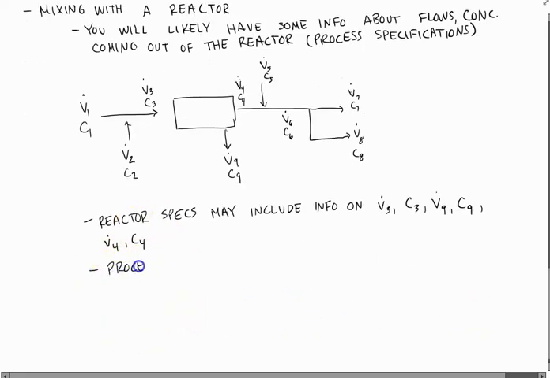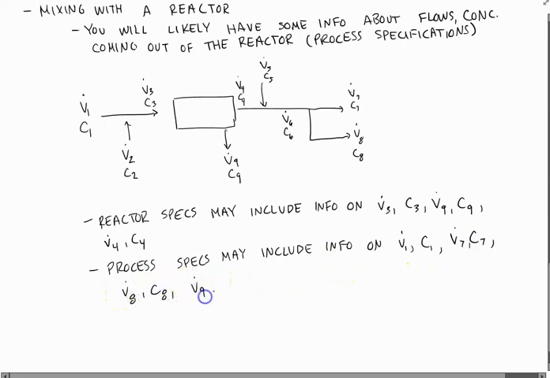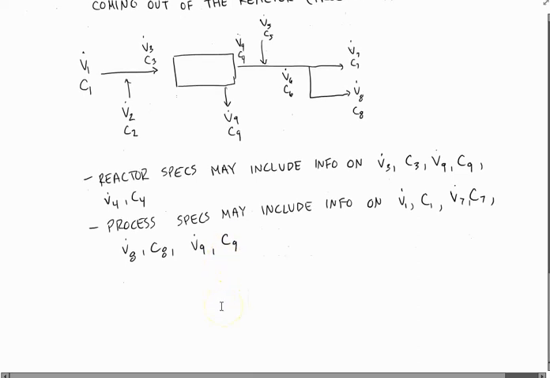You might also have additional information that will tell you something about v1, c1, v9, c9, v7 or c7, or v8 or c8. Maybe you've got some sort of regulations that you need to meet. Maybe you need to treat a certain volume, or maybe you need a certain volume of product water or product fluid.